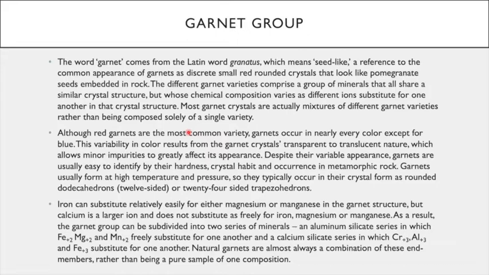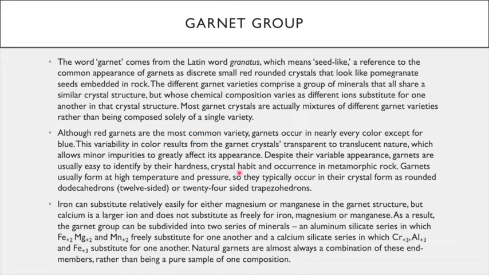Although red garnets are the most common variety, garnets occur in nearly every color except for blue. This variability in color results from the garnet crystal's transparent to translucent nature, which allows minor impurities to greatly affect its appearance.